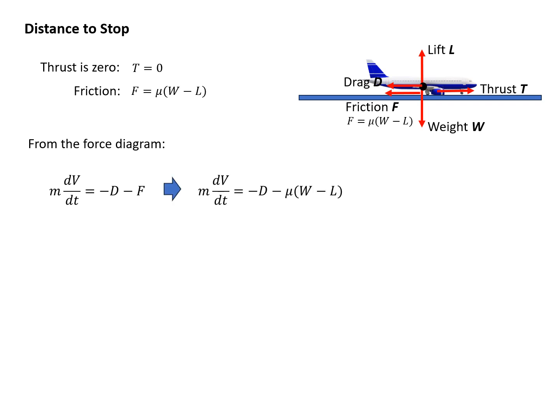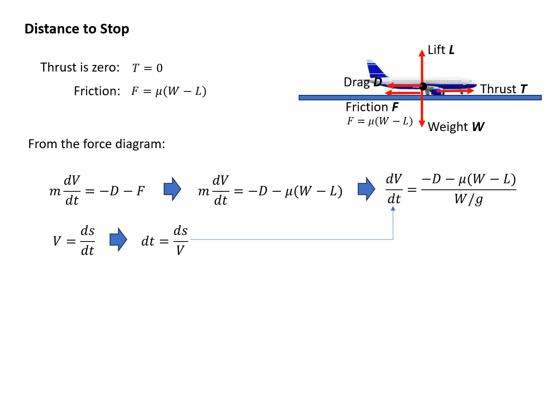Then we replace F by mu times W minus L. So finally we can have dV over dt explicitly. On the other hand, we have the airspeed, which is ds over dt. That's the definition of velocity. So we rewrite it as dt equals ds over v.